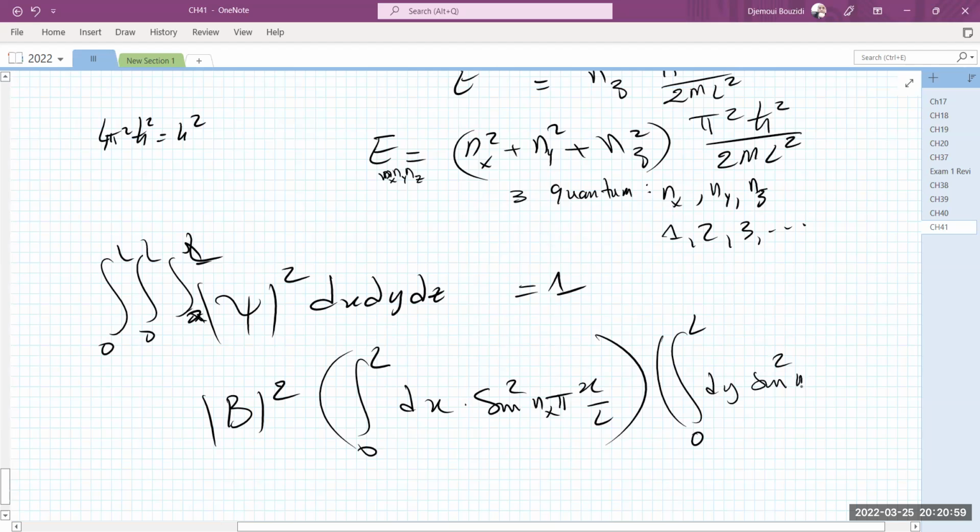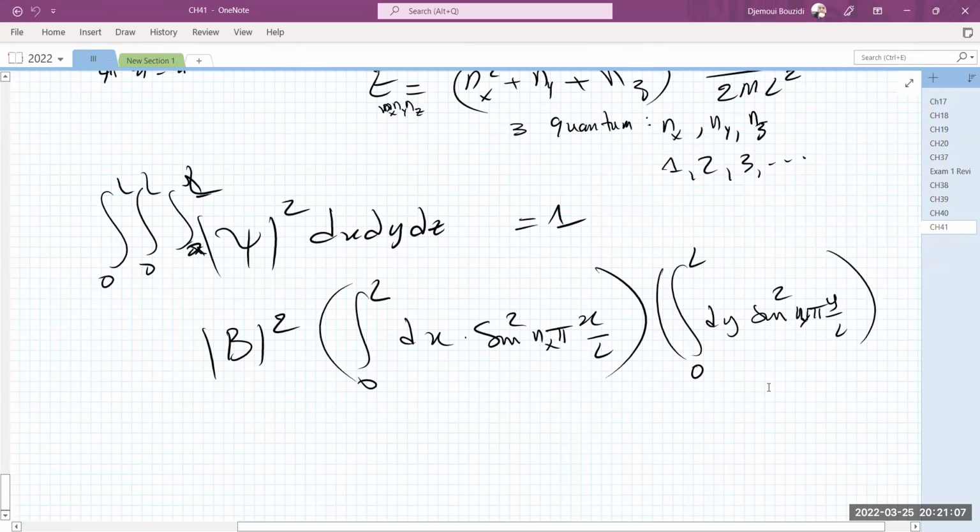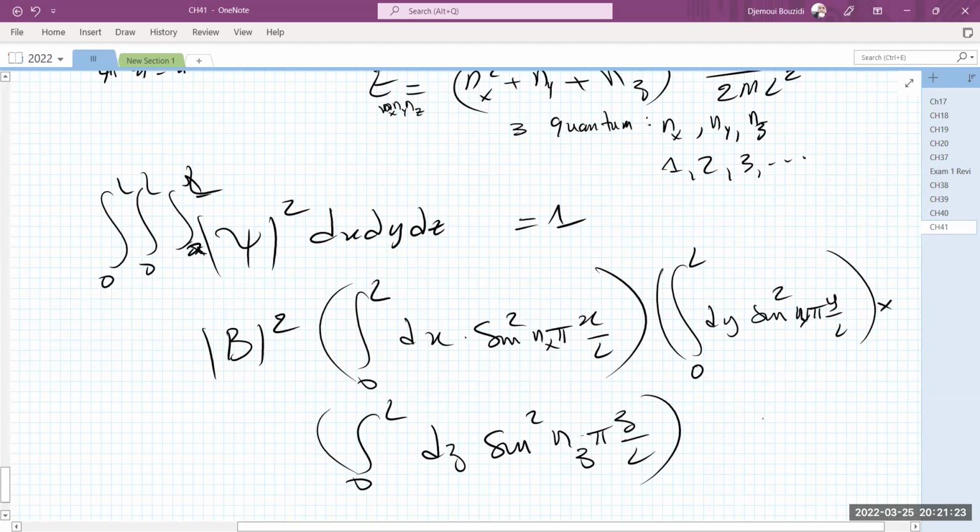So times the integral of dy of sine squared of ny pi y over L, the sine squared itself takes care of the square, times the integral from 0 to L of dz times sine squared of nz pi z over L. The whole thing must be equal to 1.